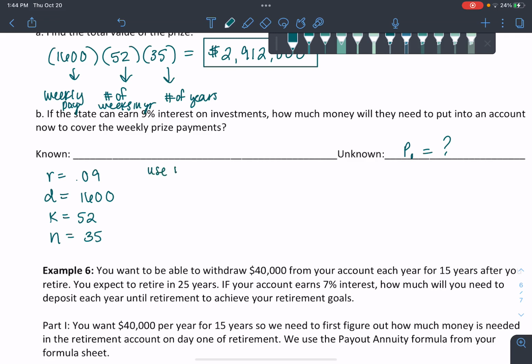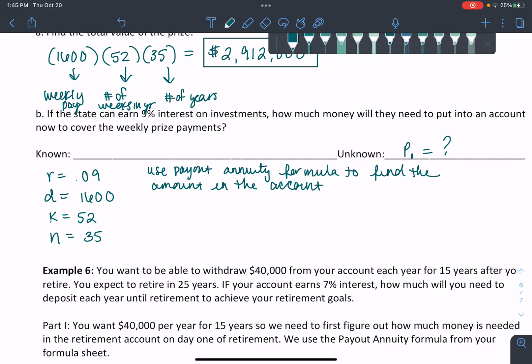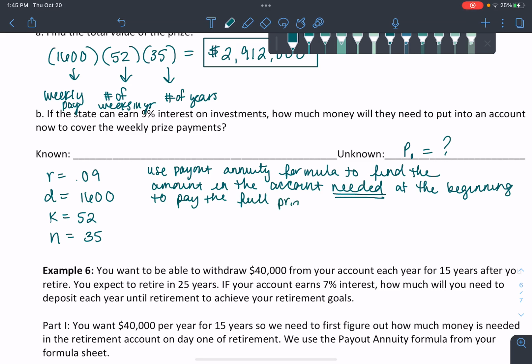So use the payout annuity formula to find the amount in the account needed at the beginning to pay the prize, the full prize amount.